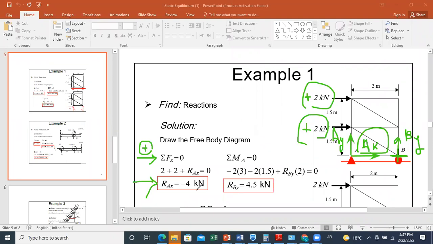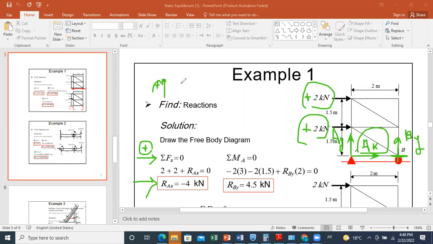Now, it's the same along Y. What do we have along Y? AY plus BY equals 0. We don't have any other force here. Here the weight is negligible. They didn't give us the weight of the truss. If they don't give us the weight, this means that we can neglect it. So when we write sum of Y equals 0, this is the positive direction.